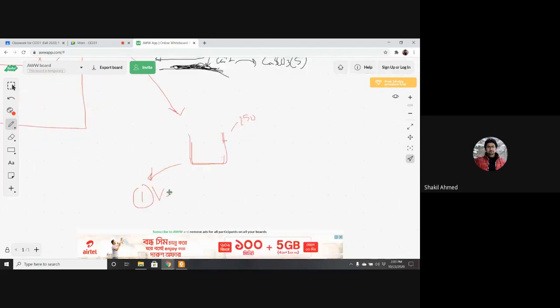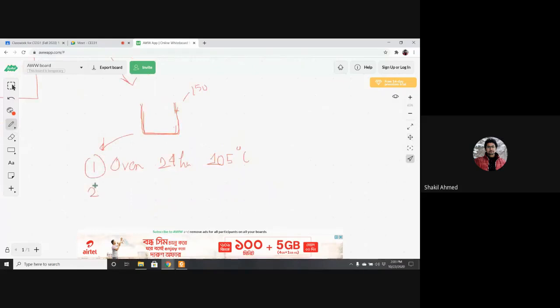Dry it for 24 hours, sorry, not 24 degrees Celsius, for 24 hours at around 100 or 105 degrees Celsius. Dry this out so that there is no moisture. Okay. Now take the weight of the beaker. That's W1. Is it clear?